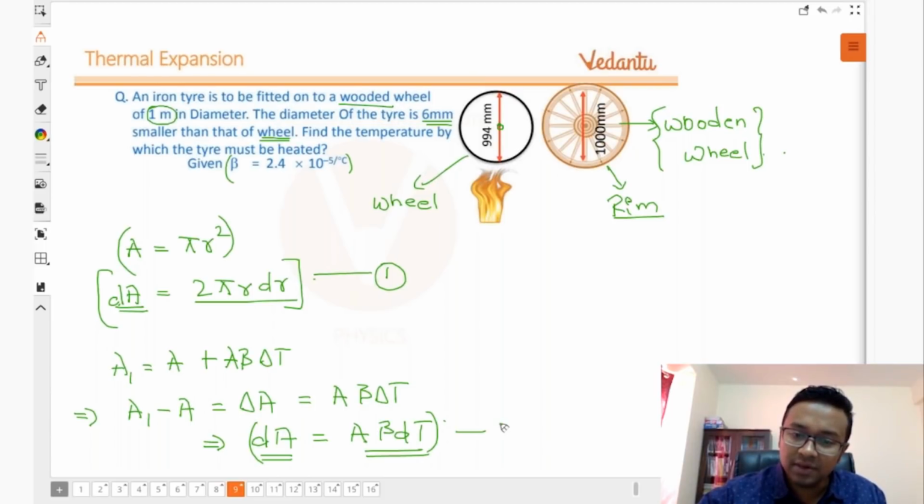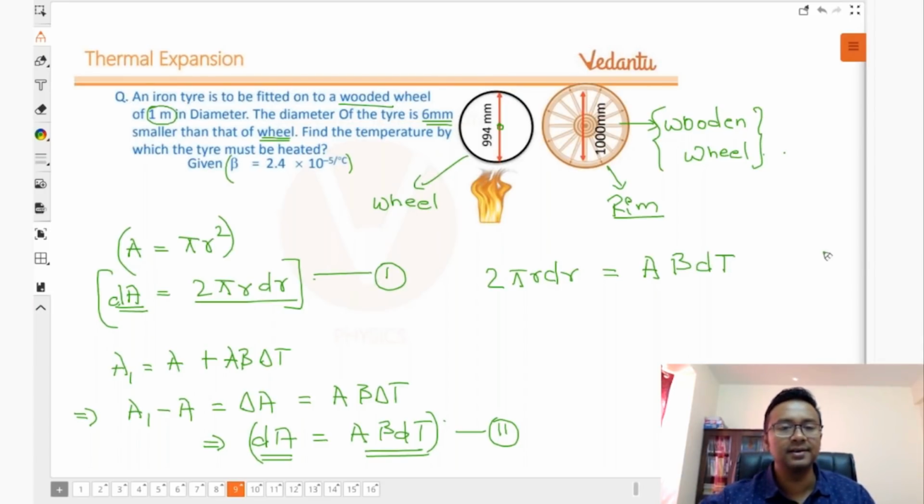So from equation 1 and 2, my dear students, what we can do very simply is equate 1 to 2. So we get 2 pi r into dr is equal to A into beta into dt. Clear? And from here, we would like to know how to find out the temperature.